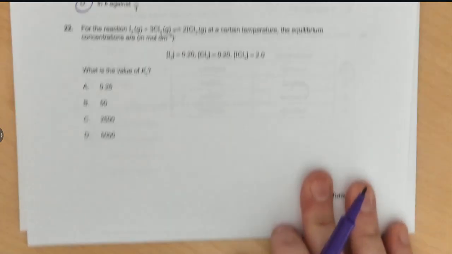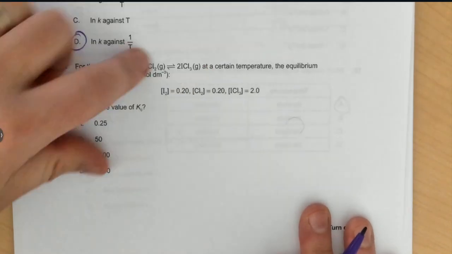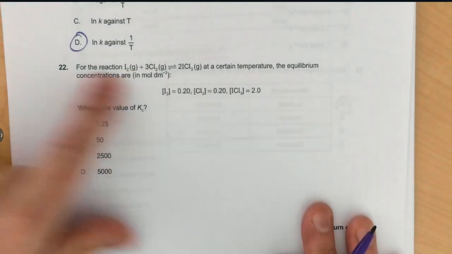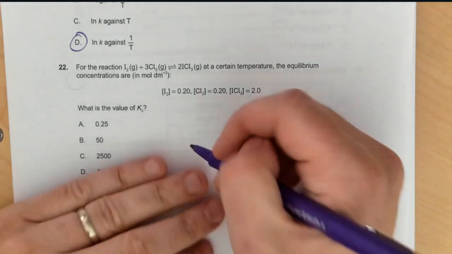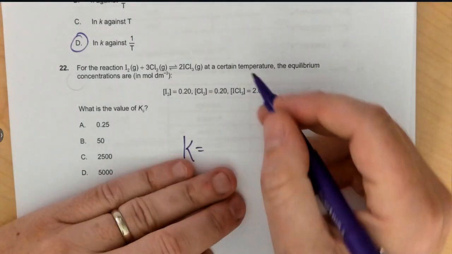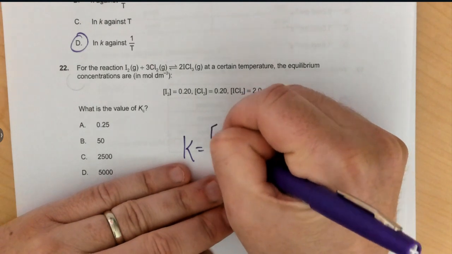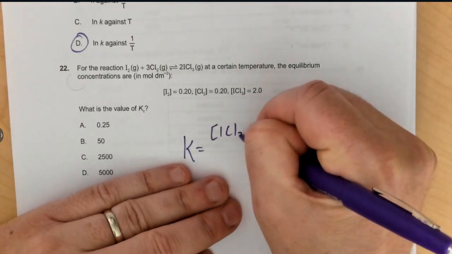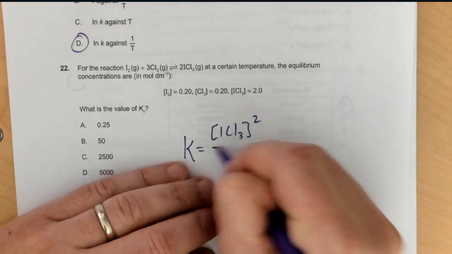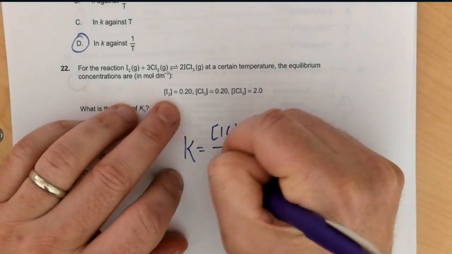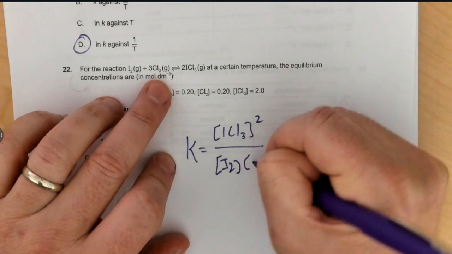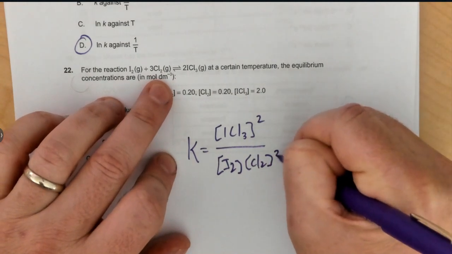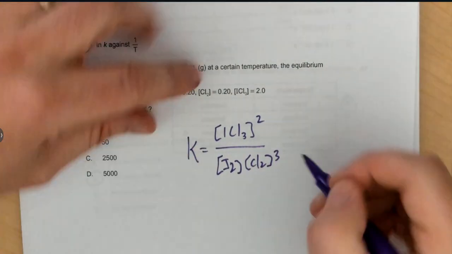Number 22 gives us a reversible reaction, gives us the equilibrium concentrations. It says, what is the value of K? This is a pretty easy one, so we just need the equilibrium constant expression. It'll be ICl3 squared divided by I2 divided by Cl2 cubed. Let's put in the numbers now.